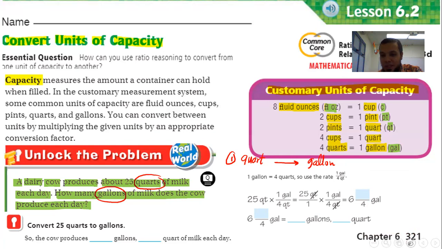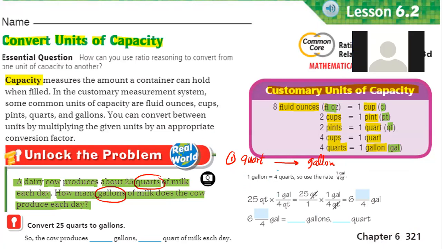Yeah, what is the main question you must ask yourself before we divide or multiply? You didn't answer me. How can I know if I'll multiply or I'll divide?